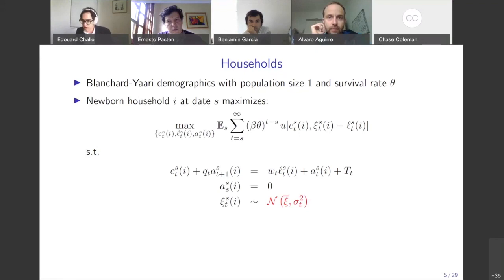It's a theoretical paper. We aim to clarify the channels of monetary transmission in HANK and how that fits back into optimal monetary policy.